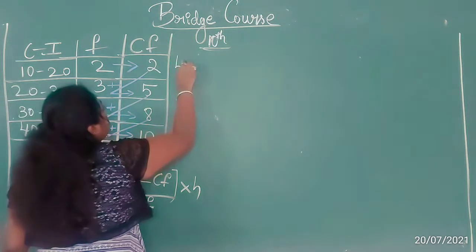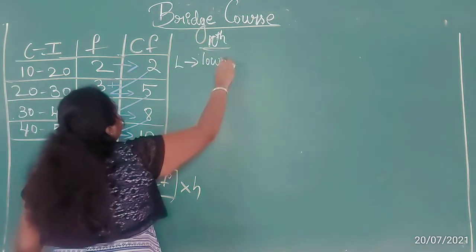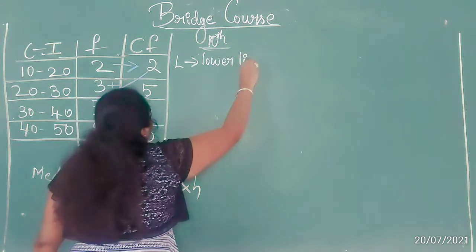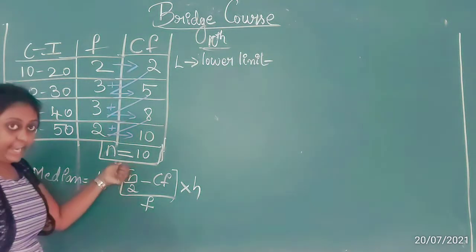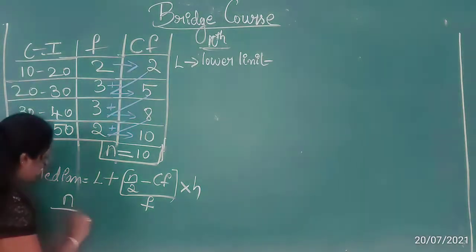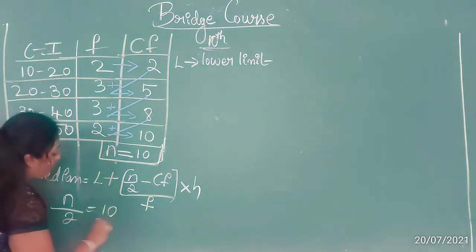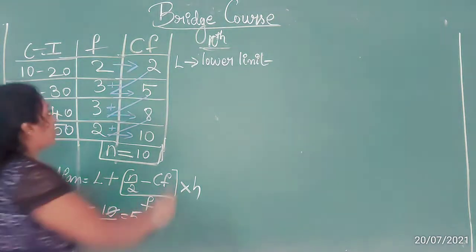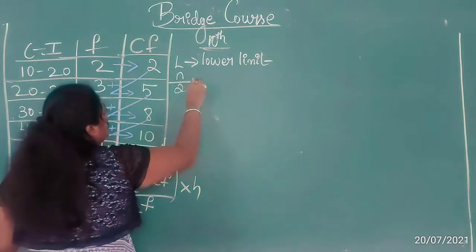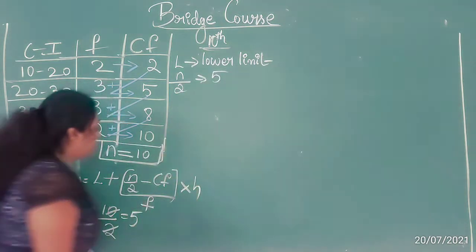So L is the lower limit. N by 2: N is 10, so N by 2 means 10 divided by 2, how much is it? 5. So now N by 2 is nothing but 5.